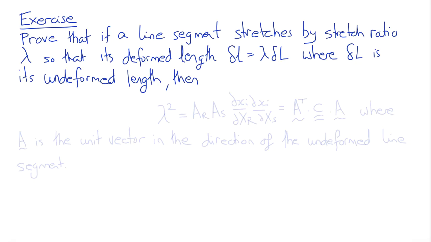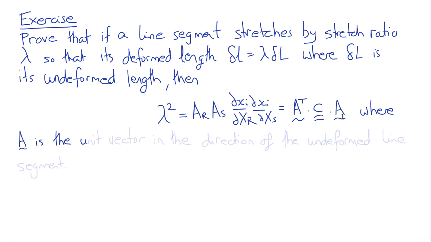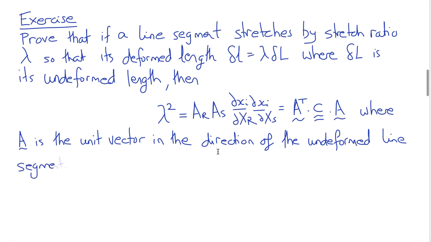The problem is to show that lambda squared is equal to A_R A_S del x_i del X_R del x_i del X_S, and you might recognize that latter term as C, the right Cauchy-Green deformation tensor, or in vector and tensor notation this would be A transpose C A, where A here is the unit vector in the direction of the undeformed line segment delta X with length delta L.